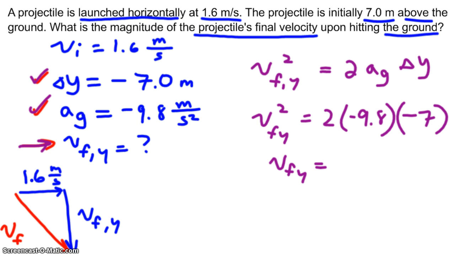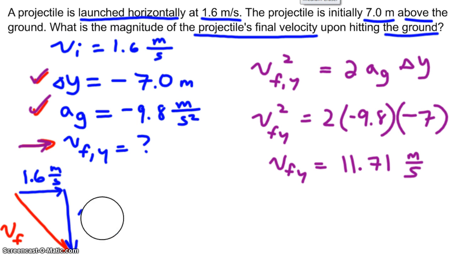Let's see. Mr. Buttons tells me, and it's 11.71. Wonderful news! We can erase v final y. You see me erase that? I'm going to replace it with the value 11.71 meters per second.